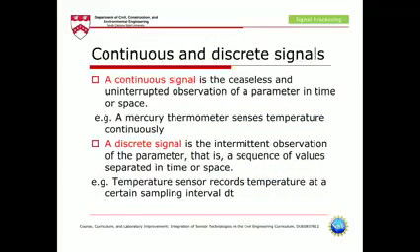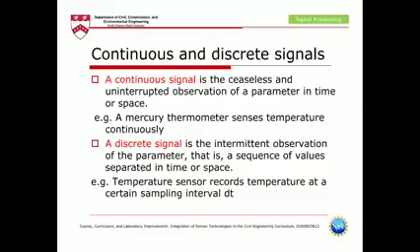Here are one or two definitions of continuous and discrete signals. What is a continuous signal and what is a discrete signal? A continuous signal is the ceaseless and uninterrupted observation of a parameter in time or space.